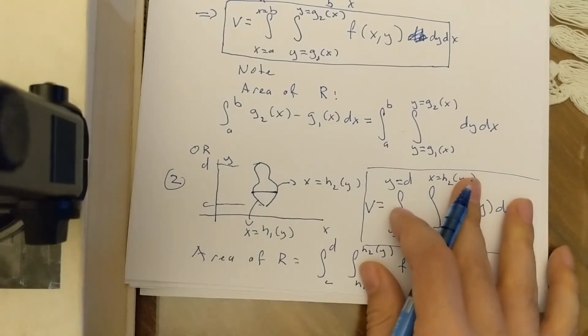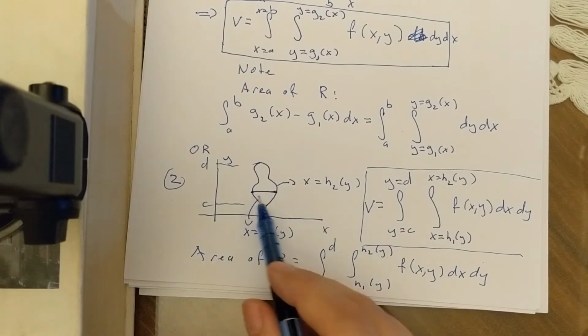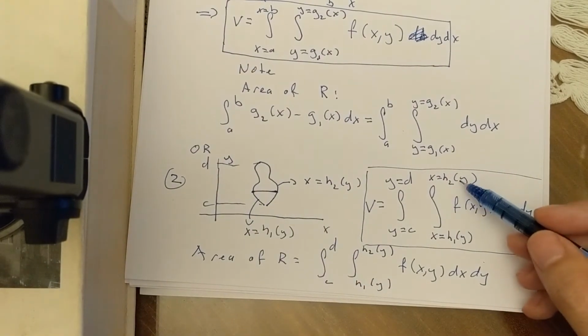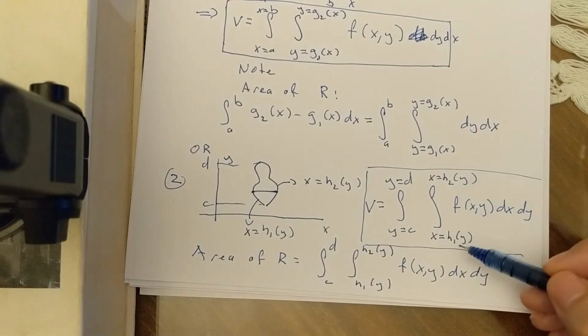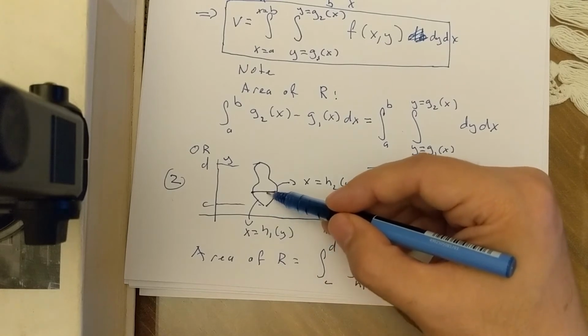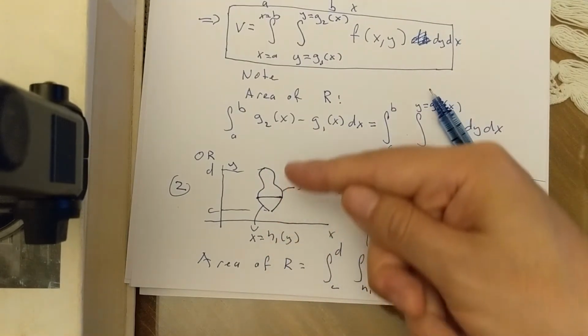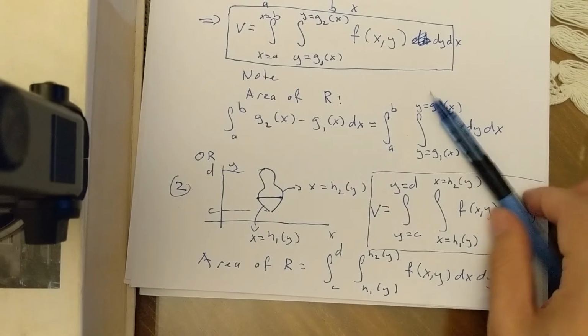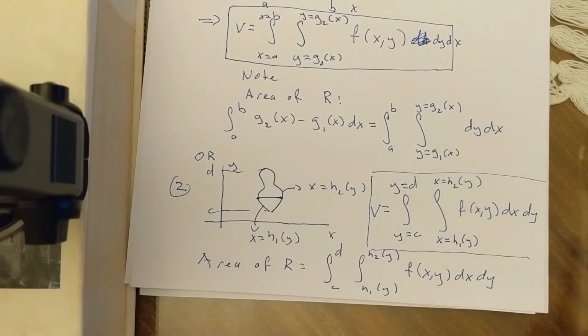When you're taking horizontal elements, you do right minus left. So right goes on top, h2 of y, and left goes on the bottom, h1 of y. We imagine these horizontal elements moving from bottom to top, so y equals c to y equals d.